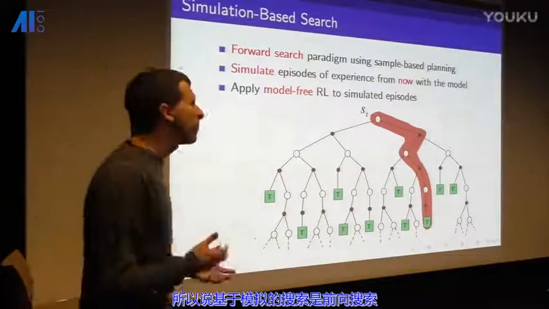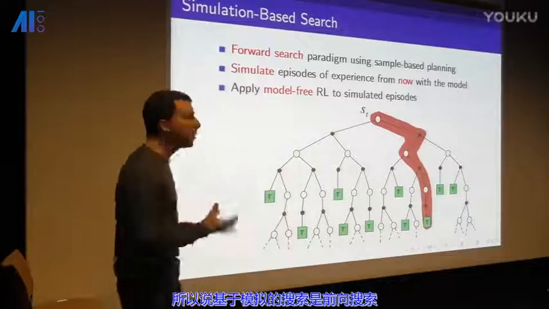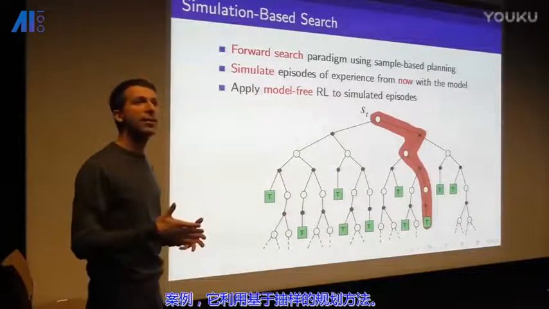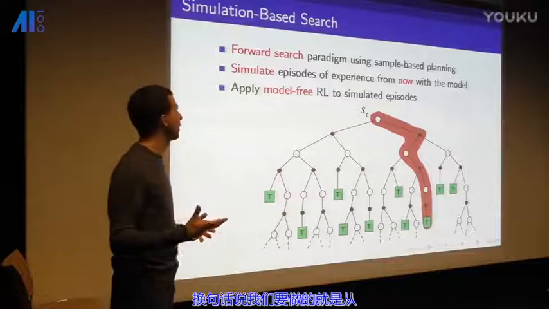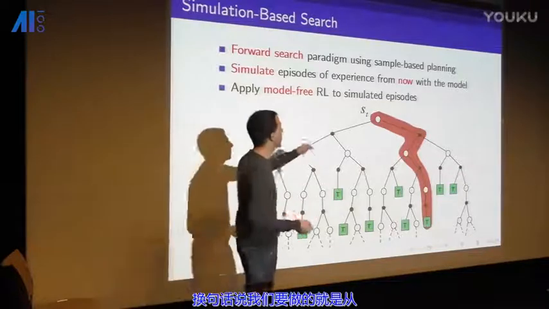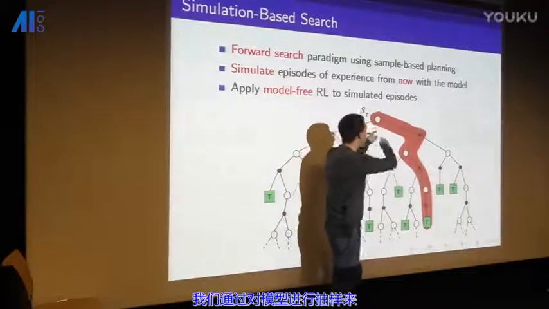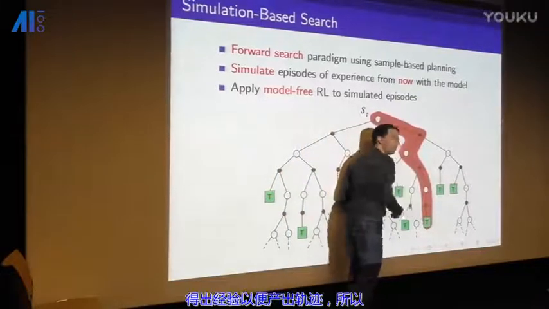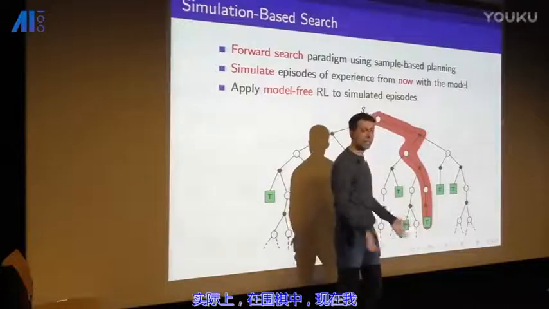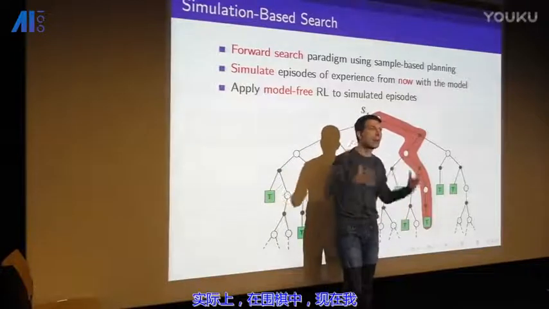So simulation-based search is a forward search paradigm that uses sample-based planning. In other words, we start from now and we imagine what might happen next. We imagine a trajectory of experience by sampling it from our model. So we literally say, right now I am in this situation.